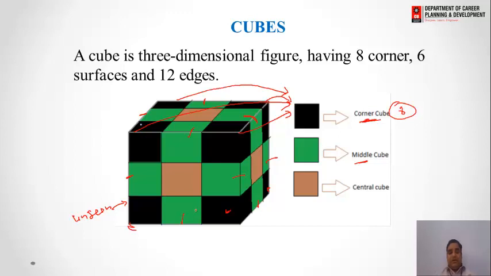It means all green color cubes are middle cubes. Therefore we can say there are 4 green cubes on each part of this cube, whereas it is having 3 parts. So we can say 3 into 4, there are 12 middle cubes in this.